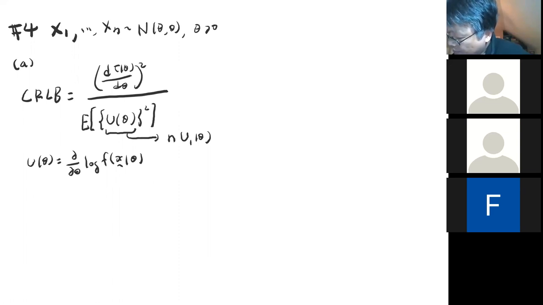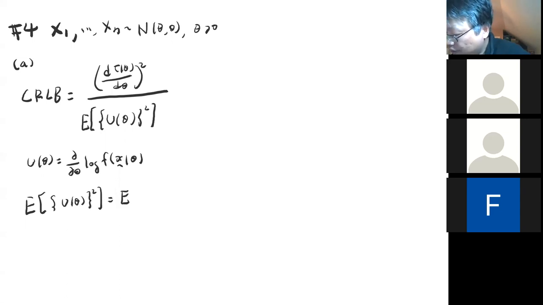Let me pull that out. So in the denominator, I can either write the expectation of the U function of theta, then taking the square, or I can write it as n times, where n is outside.